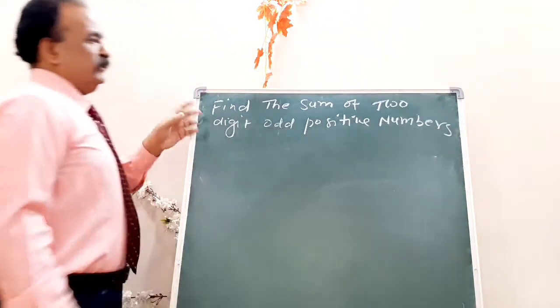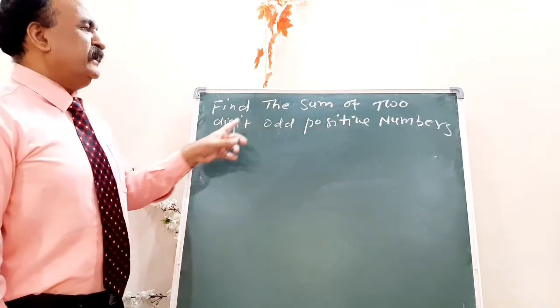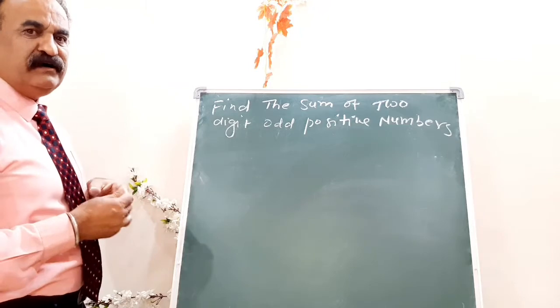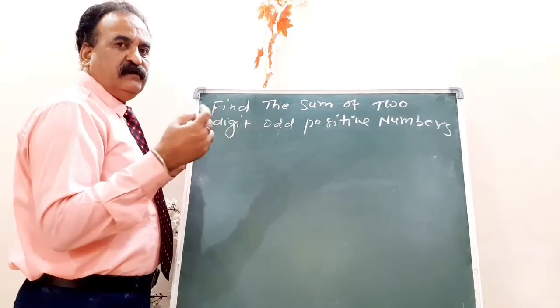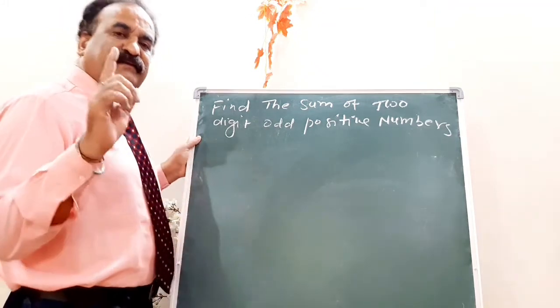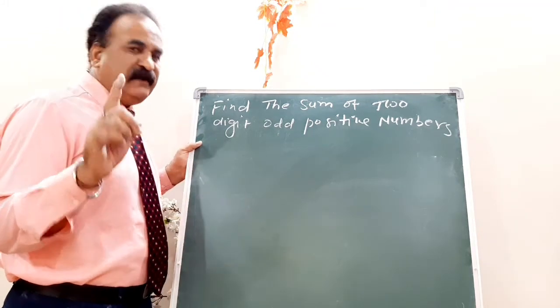This is the question. Find the sum of two-digit odd positive numbers. Now tell me, what are the two-digit numbers? Two-digit numbers means the smallest two-digit number is 10 and the largest two-digit number is 99.